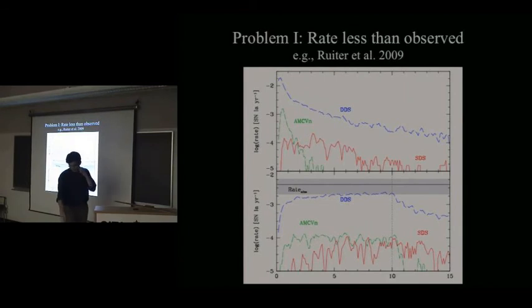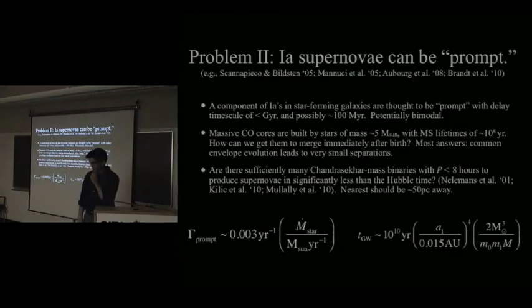Is that there's a component of type 1a supernovae that is observed to be prompt. These are called prompt 1a supernovae. Some fraction of 1a supernovae occurs in star-forming galaxies, and they're thought to be produced less than a gigayear after star formation. So imagine you look at a galaxy, there's a burst of star formation. When's the first 1a?